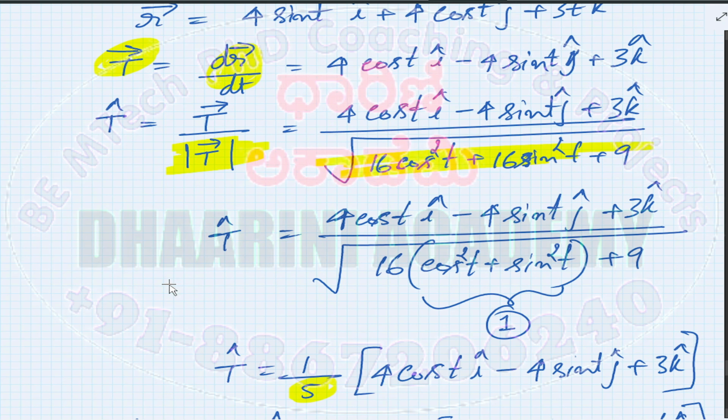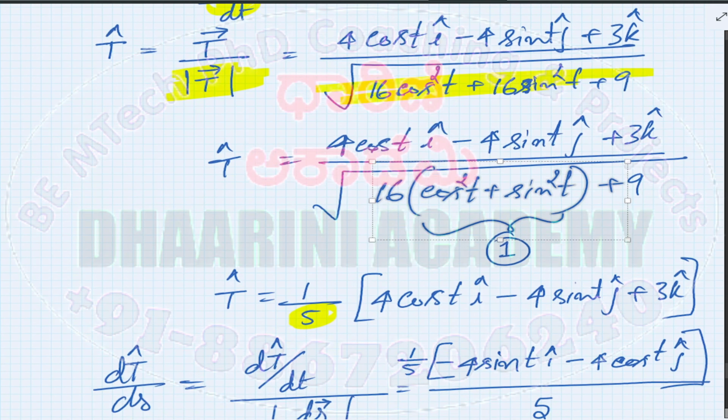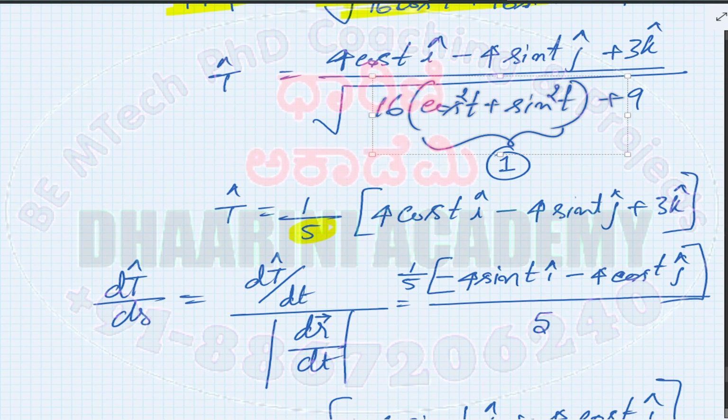Numerator as it is, 16 is common, cos square plus sin square theta is 1, so that's what I have written here. Further, the denominator is root of 16 plus 9, which is root 25, which is 5. That 5 I am writing as 1 by 5 over here. Numerator is written as it is: 4 cos t i minus 4 sin t j plus 3k.